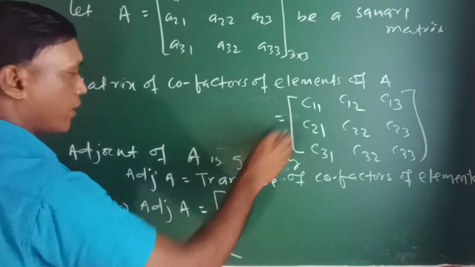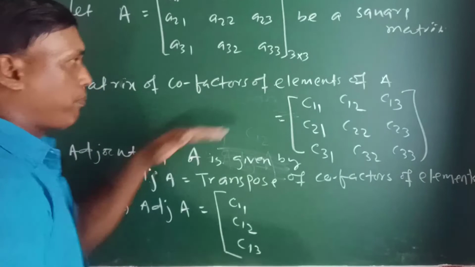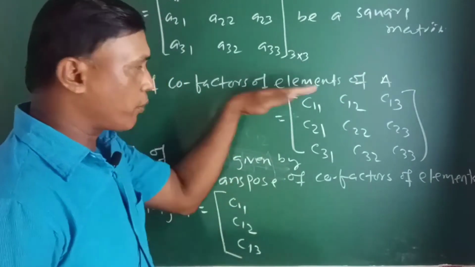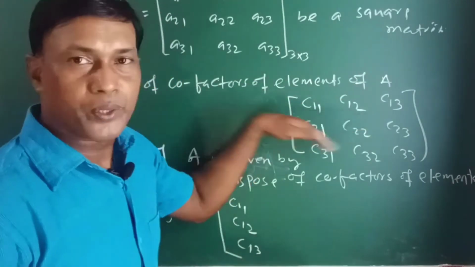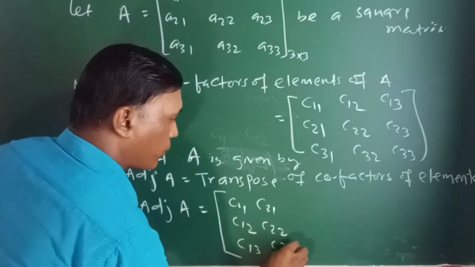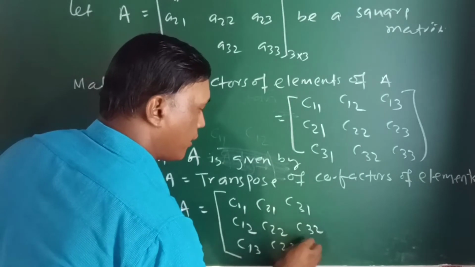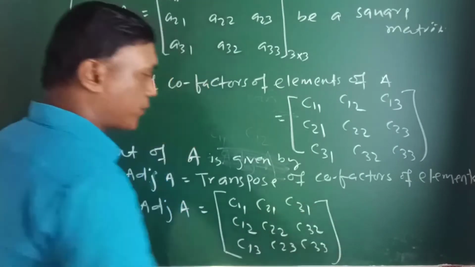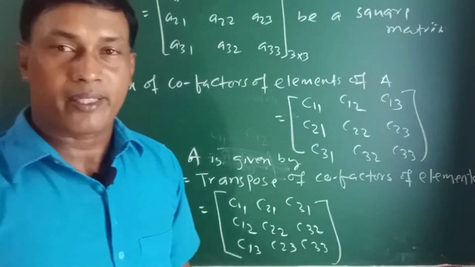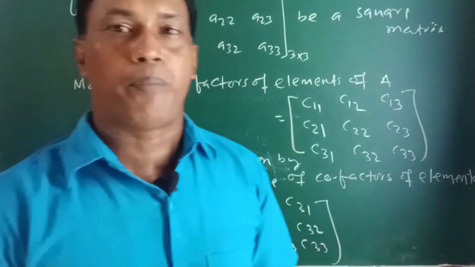That means here is C11, C12, C13. First row becomes first column. Second row second column हो जाएगा, C21, C22, C23. Third row third column हो जाएगा, C31, C32, C33. So this is the adjoint of a matrix. So adjoint of a matrix means transpose of cofactors.